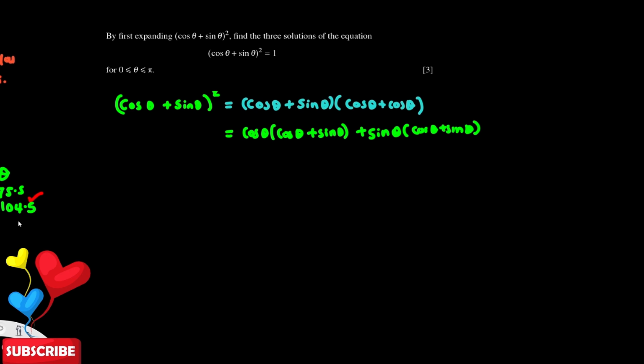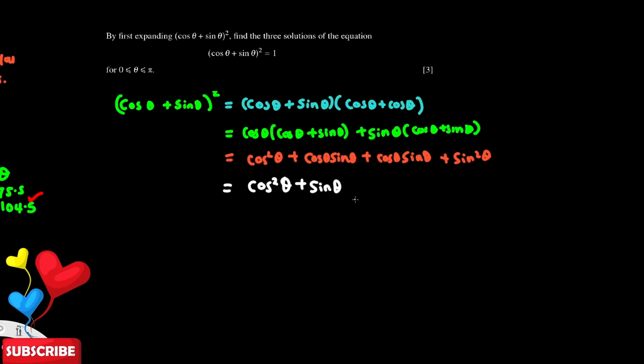If we open this, we get cos squared theta, and this becomes cos theta sine theta. This becomes sine theta cos theta, which you can also write as cos theta sine theta, plus sine squared theta. We put the like terms together, and this simplifies to cos squared theta plus sine squared theta plus 2 cos theta sine theta.